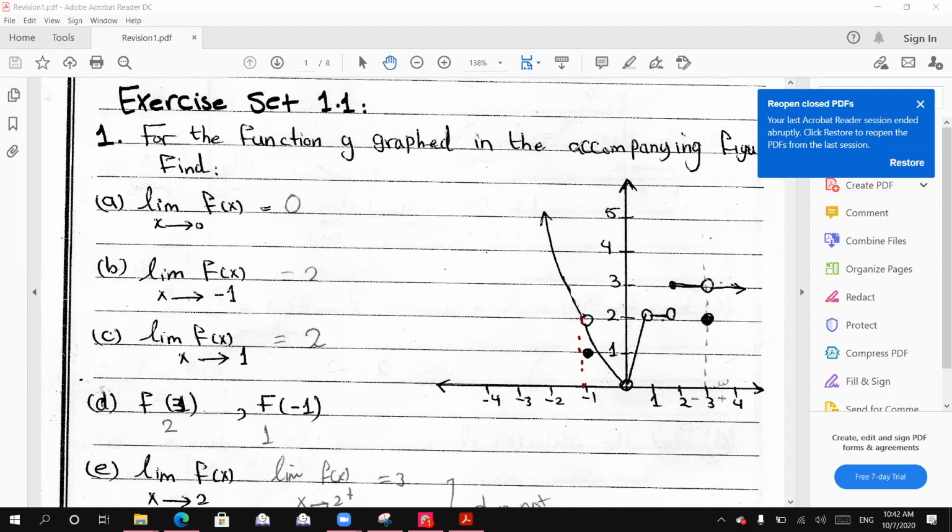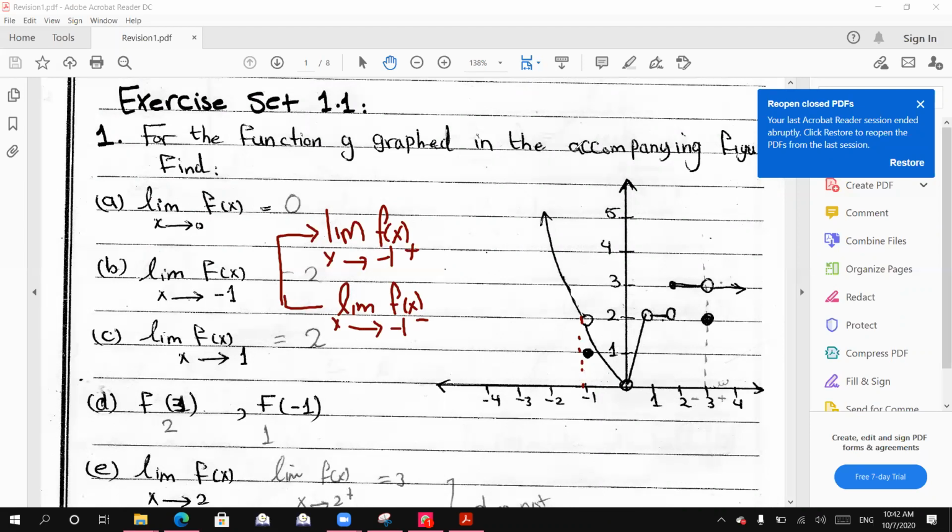So, I have to find limit f of x when x approaches -1 from the right, and then also limit f of x when x approaches -1, but now from the left.